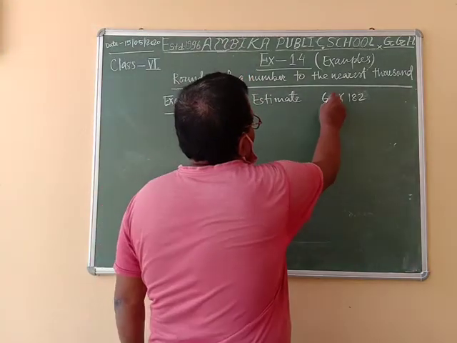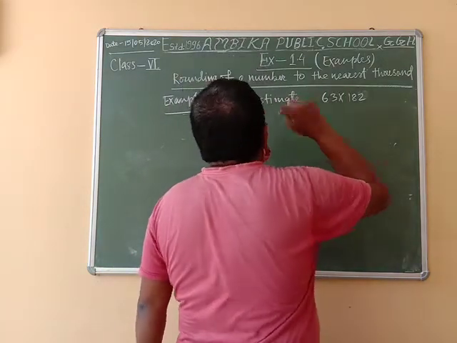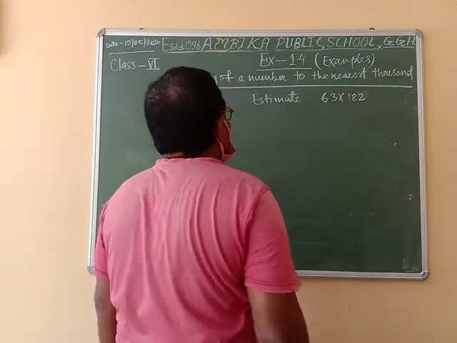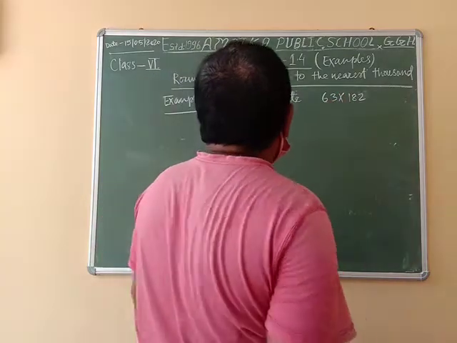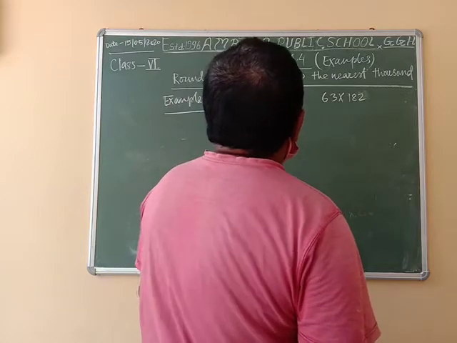Here we see that in the first number there are 2 digits, so we estimate to the nearest 10.